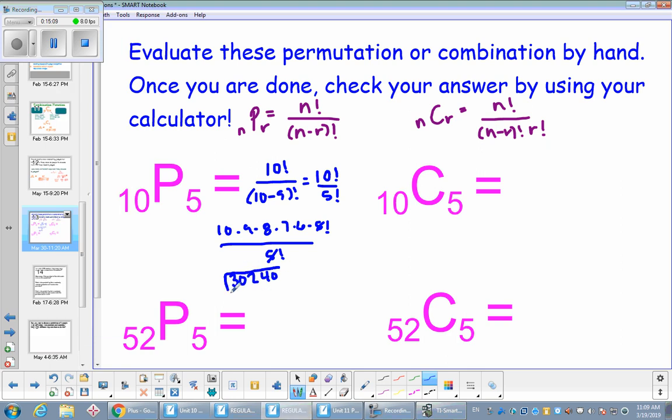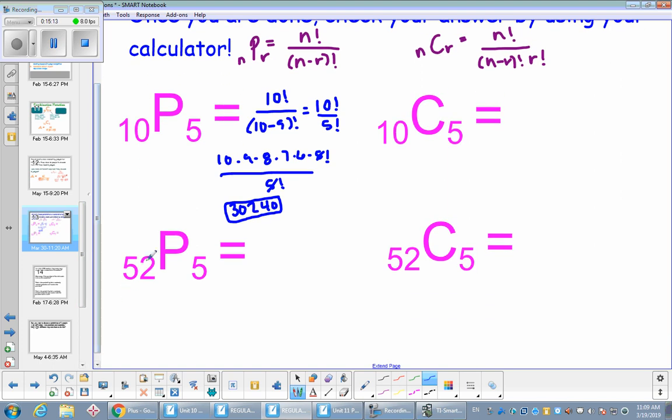So again, permutations are usually large numbers, right? So go ahead and try 52P5 now. The P's are a little easier than the C's. Go ahead and try the permutation. All right, so this would look like 52 factorial over 52 minus 5 factorial. So we would get, oh, my marker's not working.